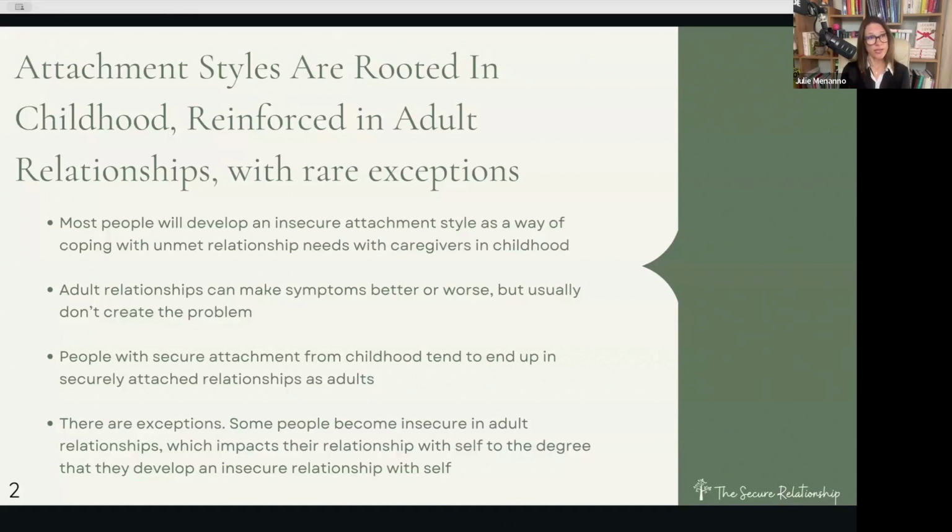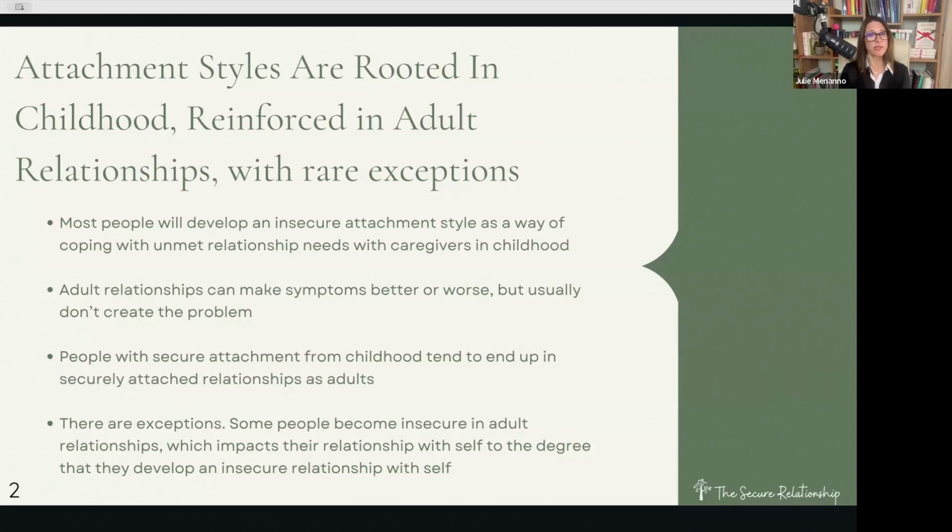Now, there is a very good chance that insecure attachment from childhood can be worsened during adulthood. The patterns are still there, but the relationship is toxic to the degree that it just exaggerates everything. And certainly, relationships where both partners have an insecure attachment will reinforce each other's insecure attachment.